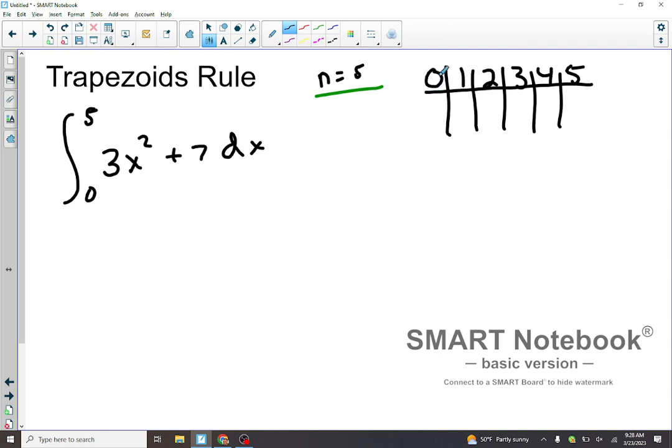What I'm going to do with these numbers is plug each number into my equation. For example, I will take 0 and plug it into 3x squared plus 7, which is 7. Then 1: 3 times 1 squared plus 7 is 10. 2: 3 times 2 squared plus 7.